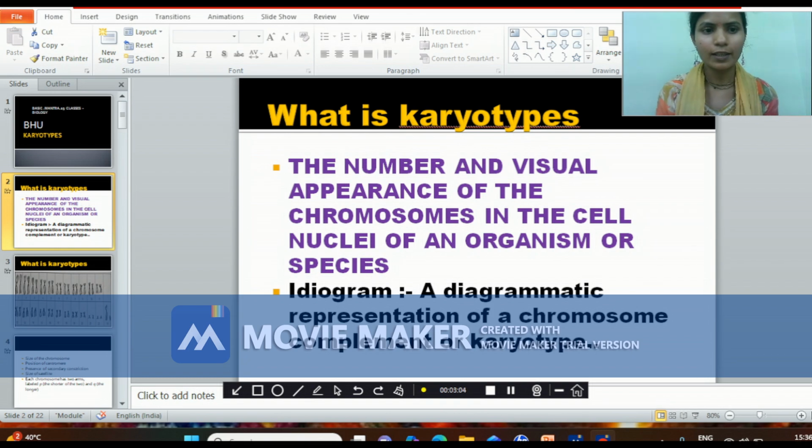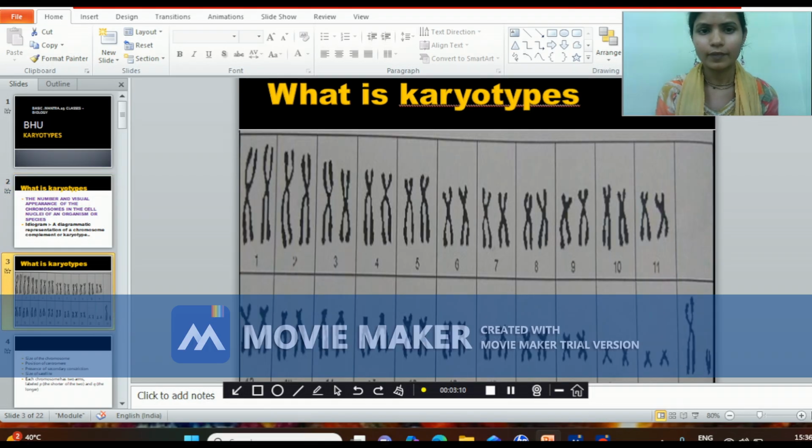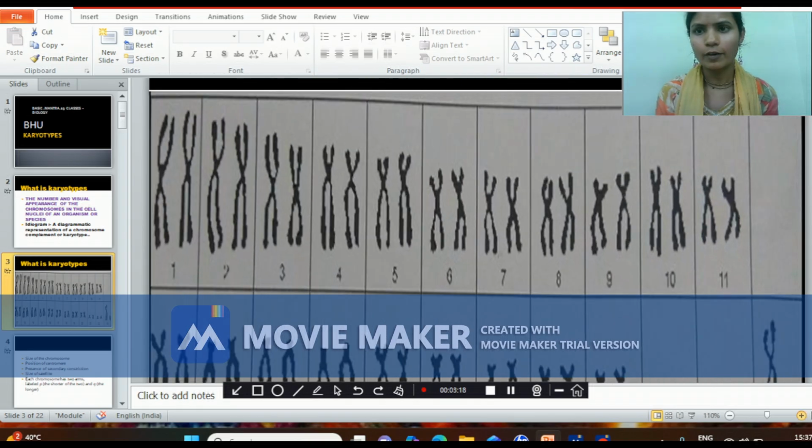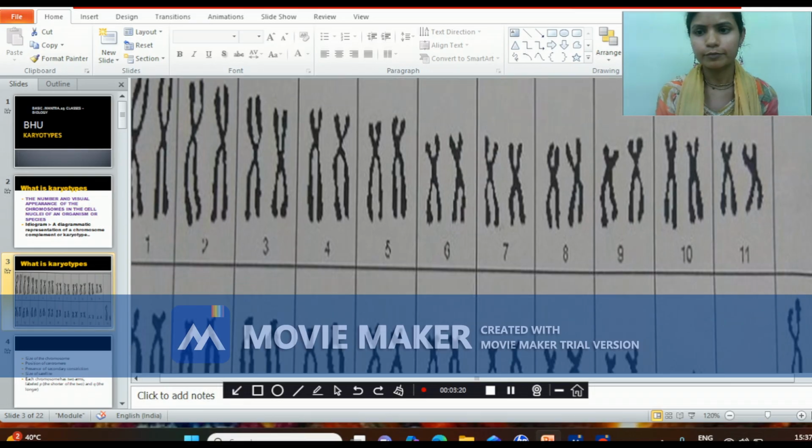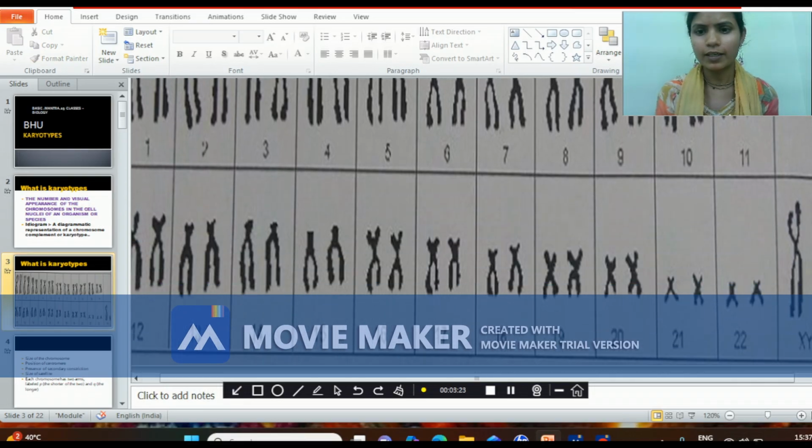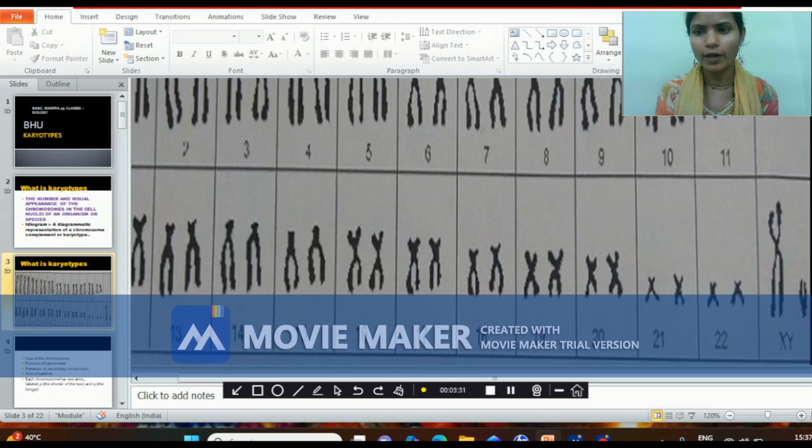We can see in the picture the different numbers of chromosomes. You can see here also the XY chromosome. In humans there are 22 pairs of autosomes and one pair of sex chromosomes, X and Y.